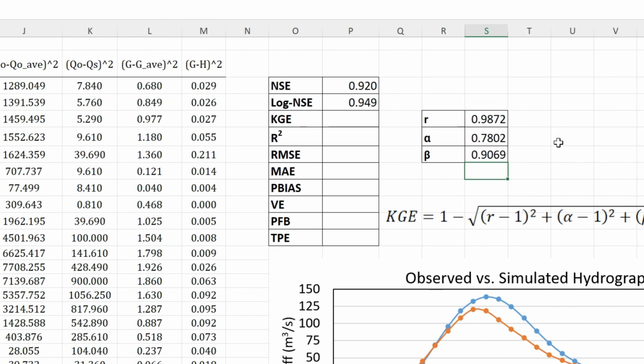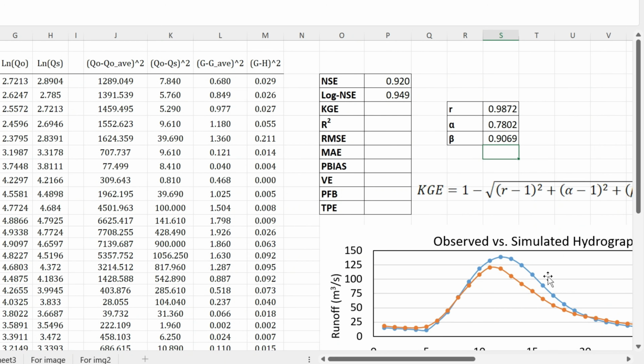And that's it. So my initial judgment based on the values that I've got, it seems the overall correlation is good. The mean value is also relatively very close to each other. But when it comes to the variability or alpha, we see that there is a bit of difference between the standard deviations, and that is related to this underestimation or overestimation that are happening here.